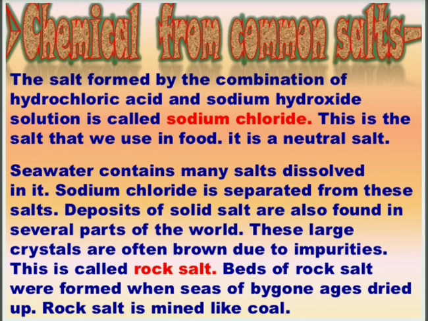When a strong base and a strong acid react with each other, they always form a salt which is neutral in nature. So sodium chloride is a neutral salt which we usually use for eating, isn't it?